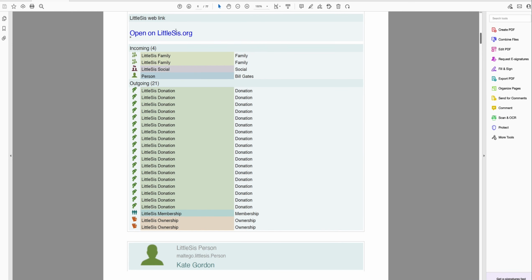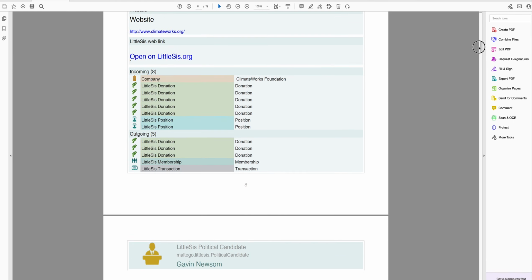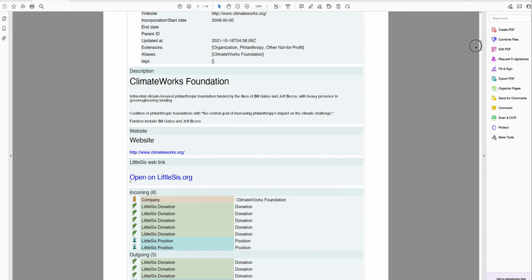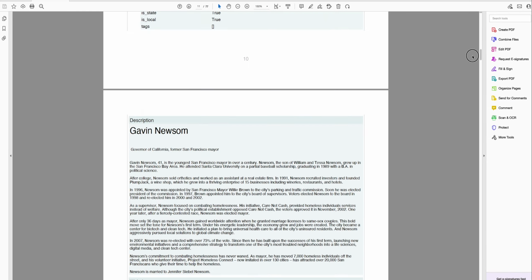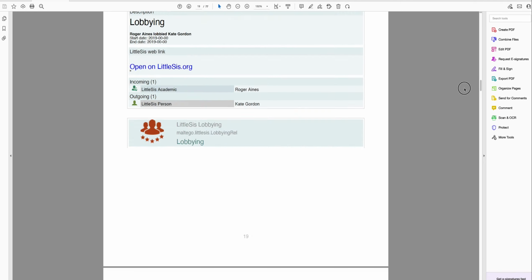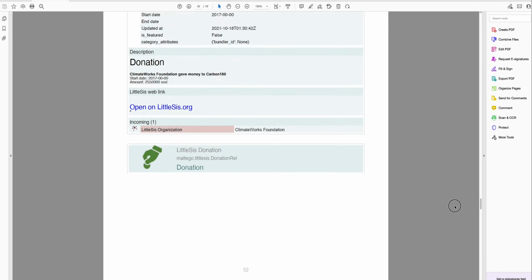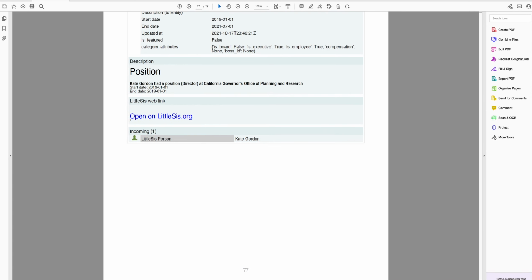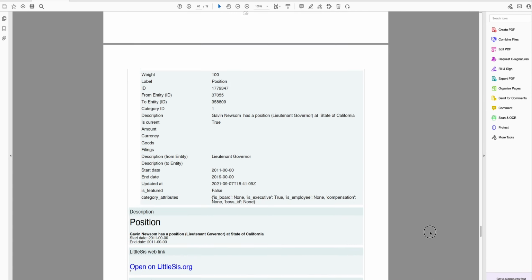You can even see it says on LittleSis.org about these transactions. Well, this is about the entities, and then the foundations and such, Gavin Newsom. And it just keeps going deeper and deeper and deeper. This report is actually 77 pages long.